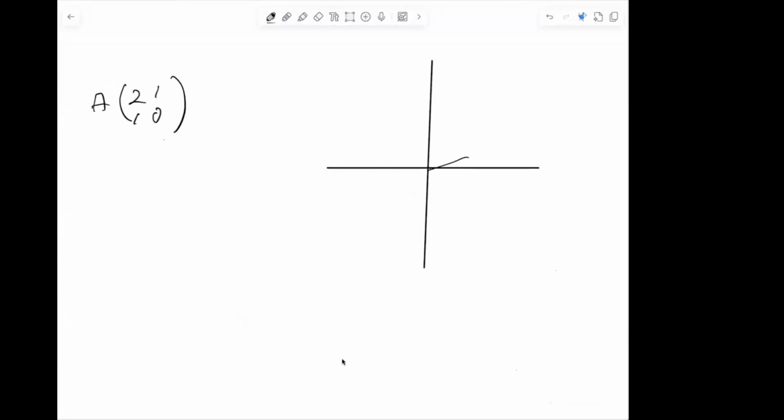It will either stay the same or something will happen to it. But the interesting question is as follows. For this matrix, is there a certain vector that if I multiply the matrix with this vector, it would not rotate at all? It would maybe change its length, but it will stay in the same direction. So maybe from this, it will go to something like this, or even something like this. This is just multiplying it by -1.